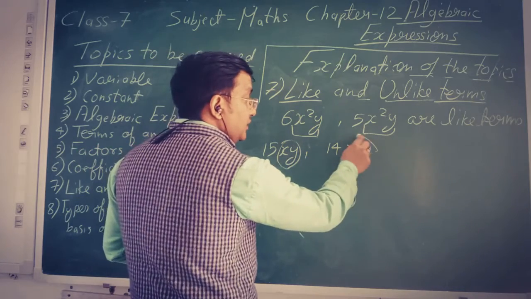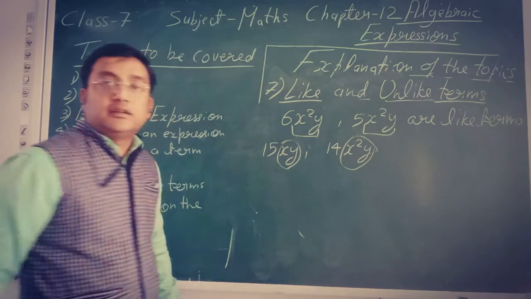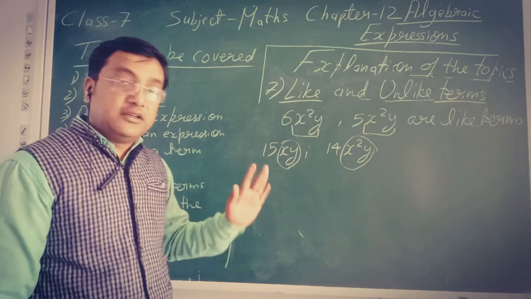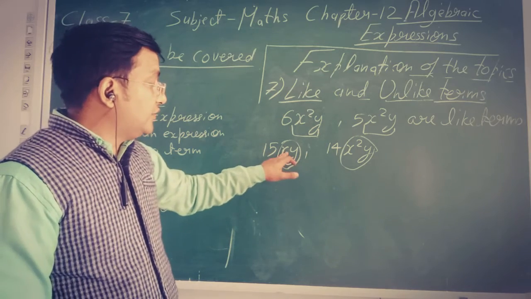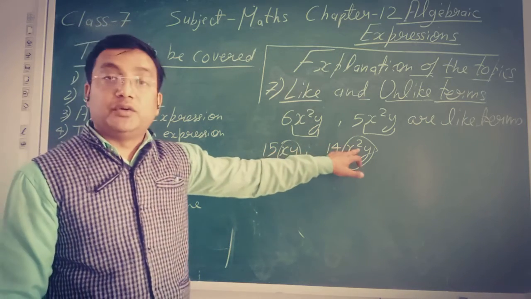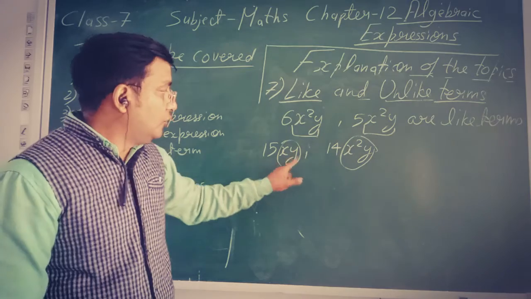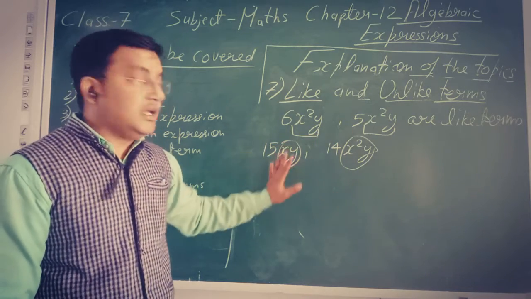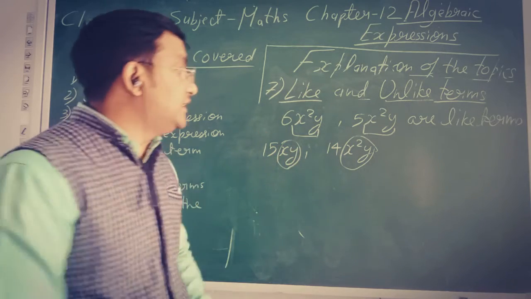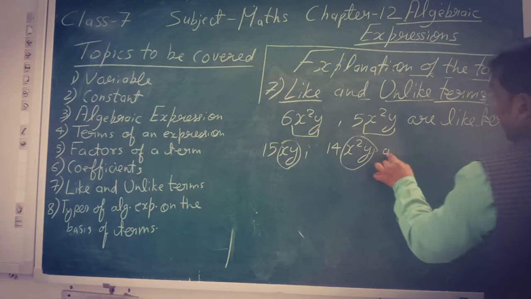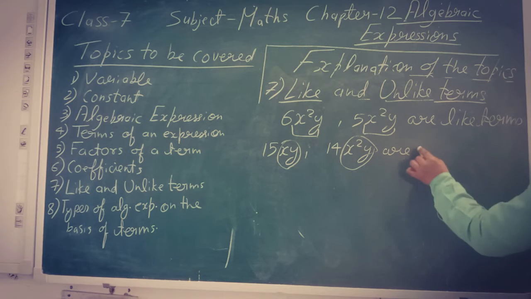Are they same? No, they are not same, because x to the power 1 is here, x to the power 2 is here. Although y is same, but the whole is not same. So we say that they are not like. They are unlike terms.